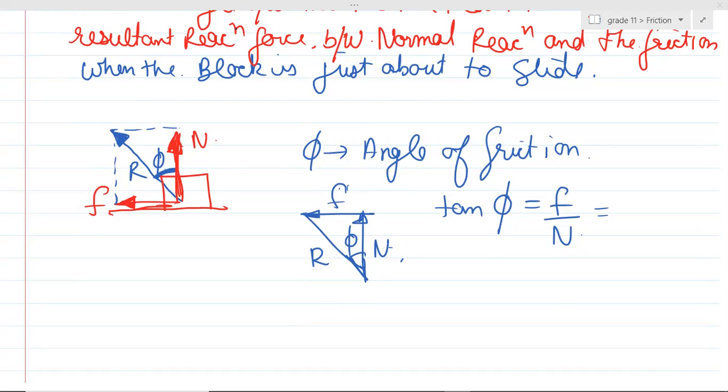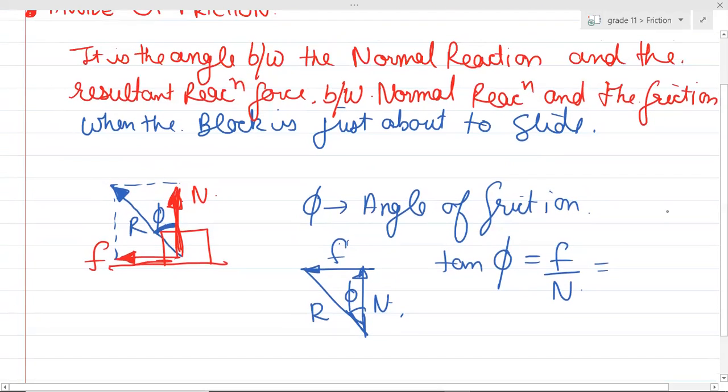Okay. So tan phi is basically F upon N, and this angle of friction is defined when it is just about to slide. When it is just about to slide, the angle between the normal reaction and the reaction force is called what? The angle of friction.